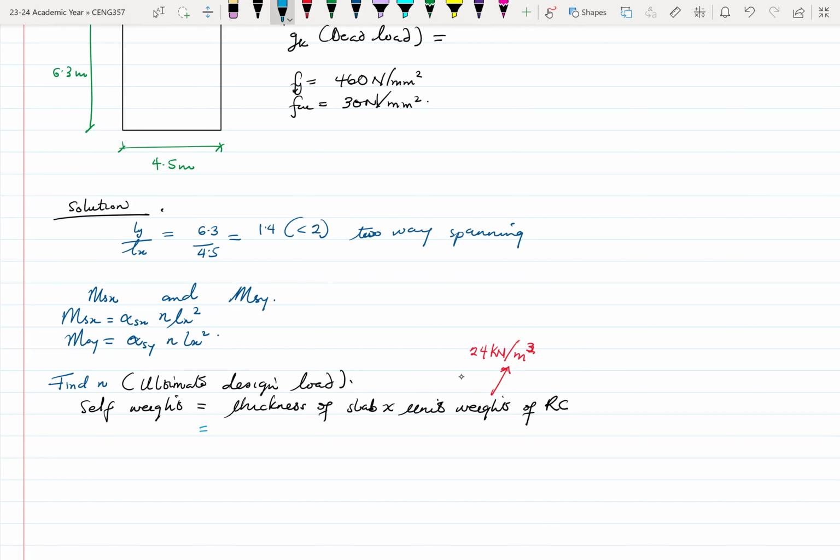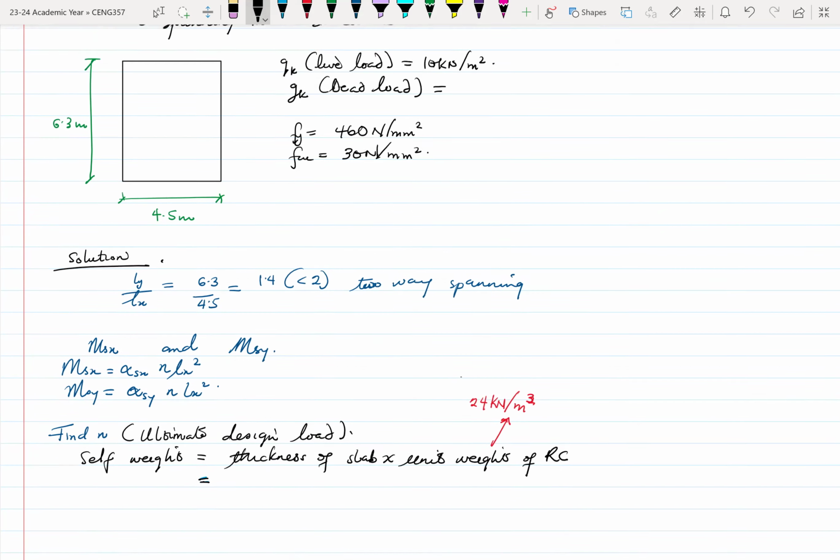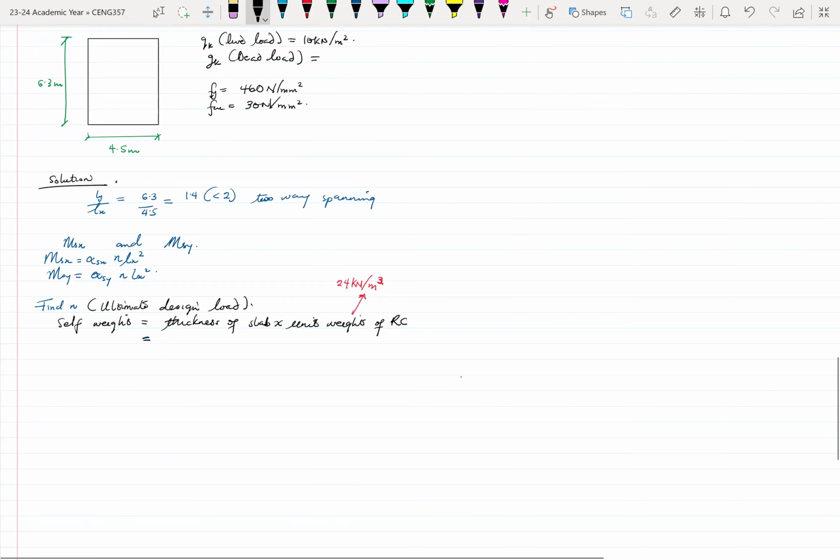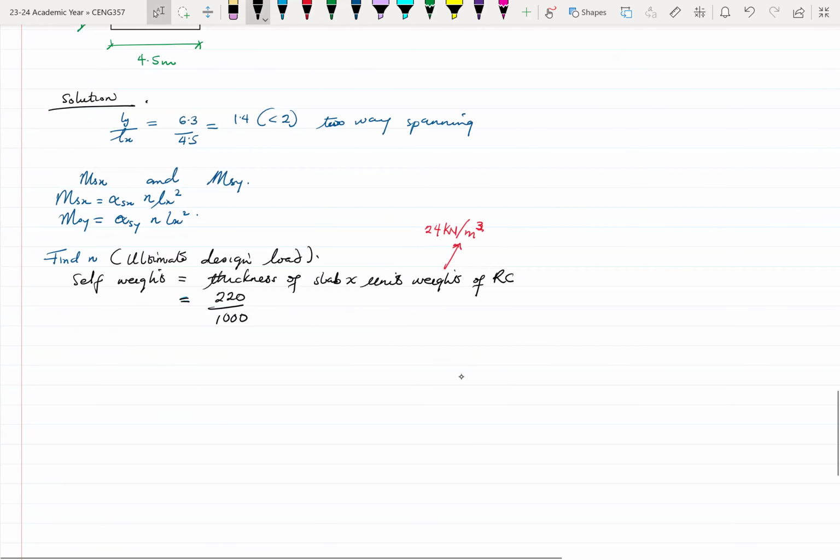The thickness was given in the question as 220 millimeters, so let's convert that into meters: 220 over 1,000 times 24. This gives us 5.3 kilonewtons per meter squared.